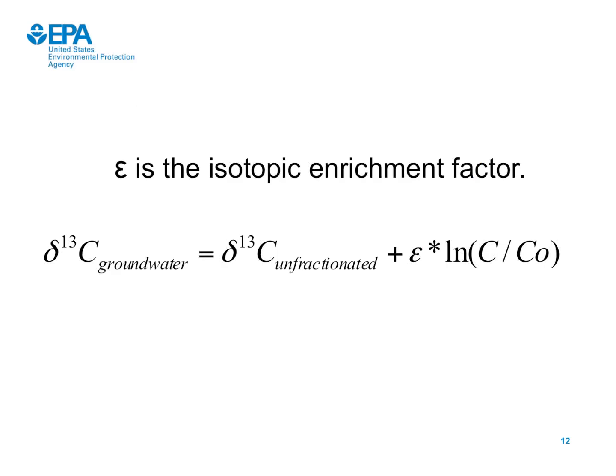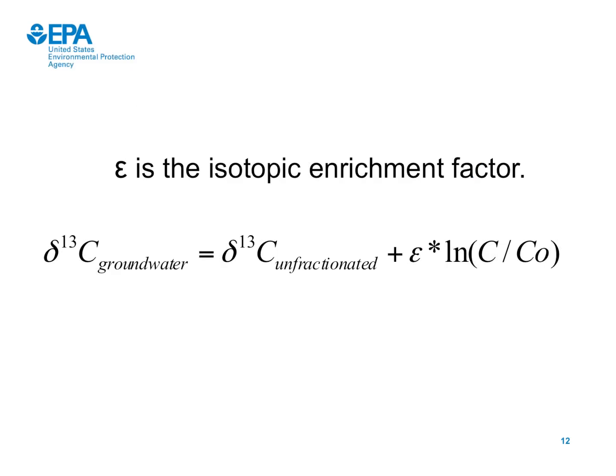The relationship between the change in concentration and the change in the value of delta 13C is called isotopic enrichment, and it's described by a coefficient called the isotopic enrichment factor. This is a simplification. It's a little bit more complex than this, but most of the time, the uncertainty in some of the data doesn't justify a model that's any more complex than this very simple model.